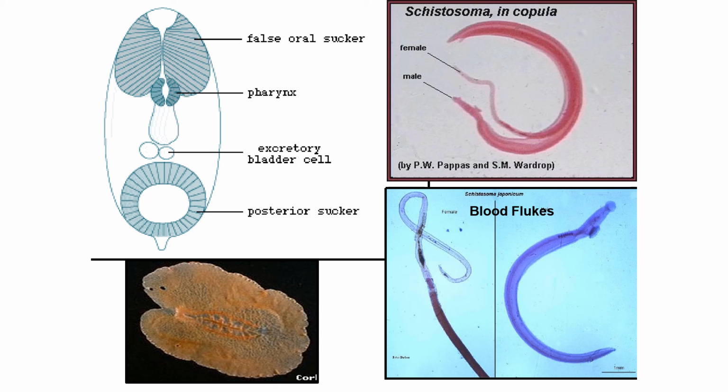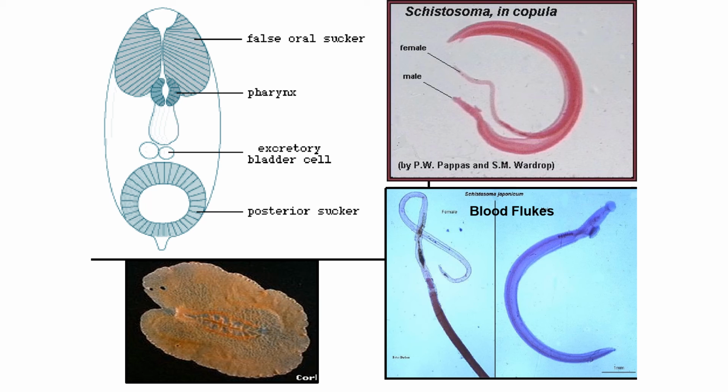Here you can see the different diagrams. You can see the oral sucker, the pharynx, and excretory bladder cells, and this is the posterior sucker shown in this diagram.